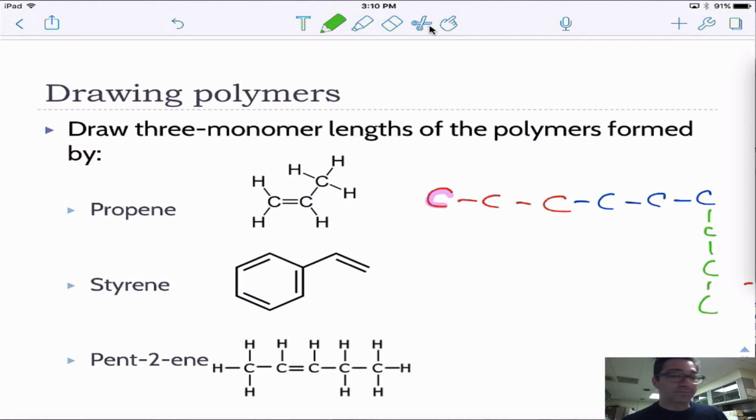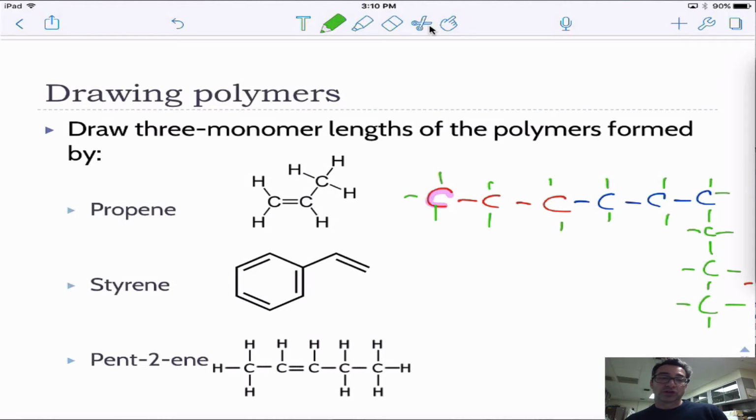And I would keep linking them together, breaking the double bond and linking them together. And then I would get this huge chain of, in this case, 9 carbons linked together. And this happens by the breaking of the double bond.